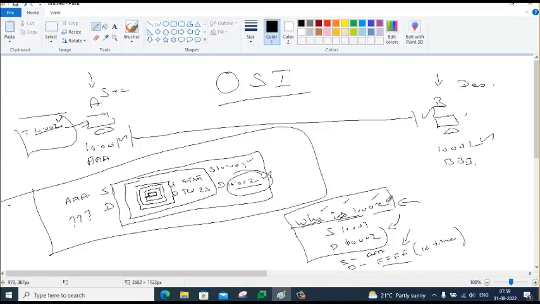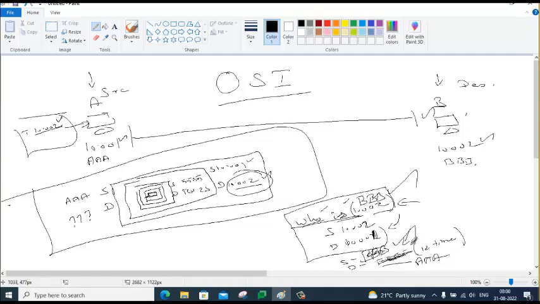Then B puts its own MAC address as an ARP reply and sends the packet to 10001 with the source MAC address BBB and the destination MAC address AA from where the packet comes. So the MAC address BBB is not only in the payload; it is even in the source field from where the packet is coming.